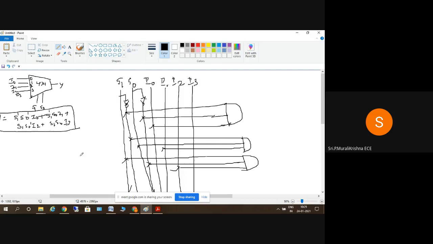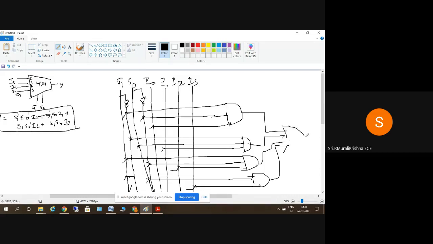And S1, S0, I3: this is S1, this is S0, and this is I3. So all the terms are given to the OR gate because we have to add all these products here. Give it to the OR gate, and this is equal to Y. So that is the 4:1 multiplexer.